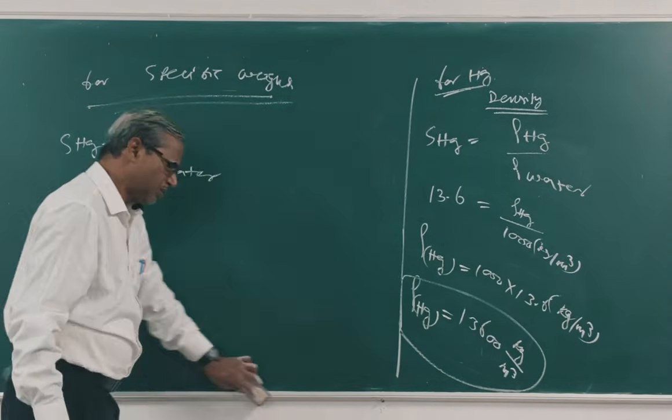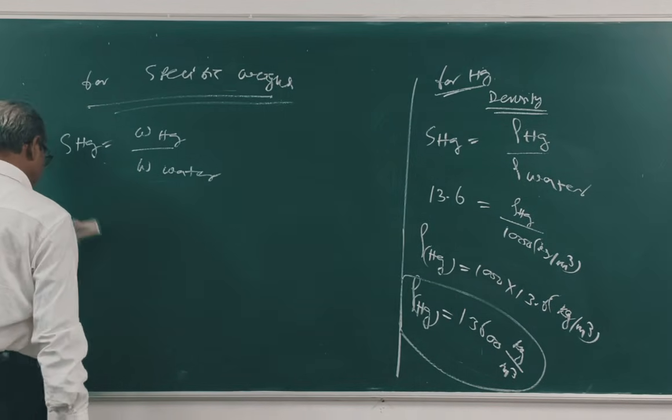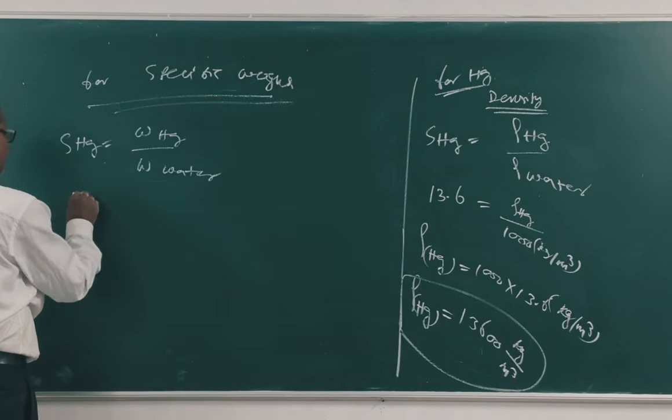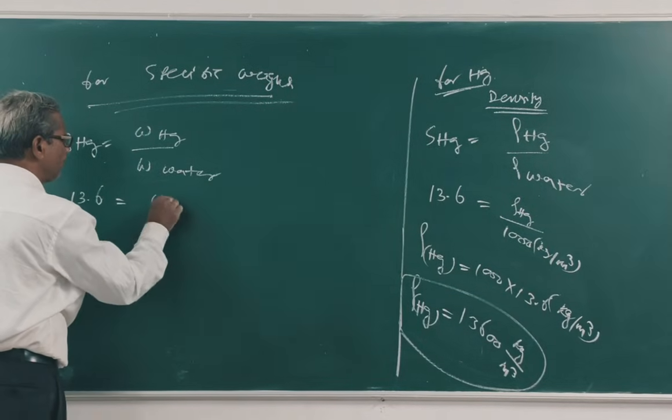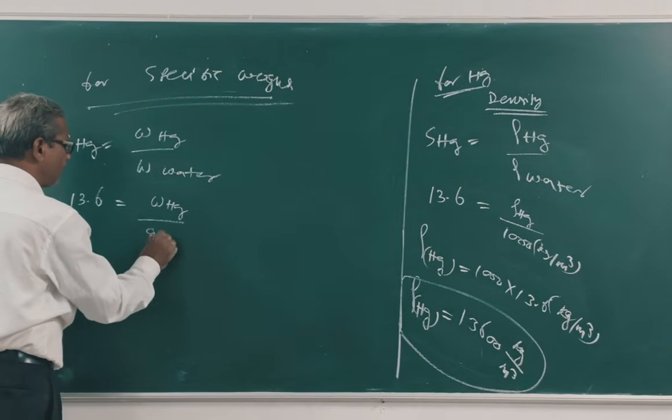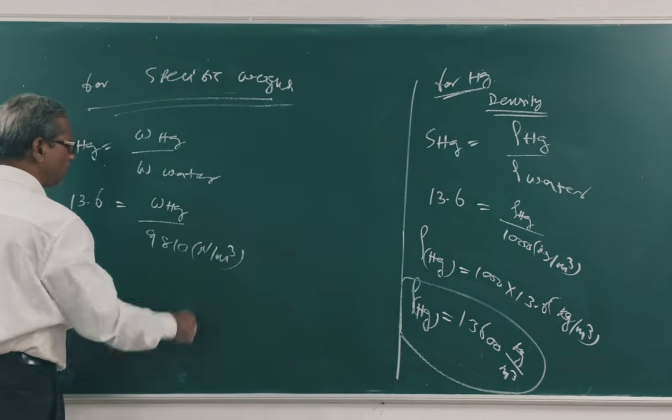So 13.6 is equal to w Hg by 9810 Newton per meter cube.